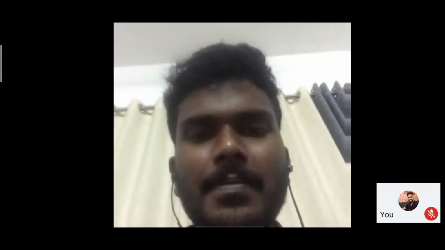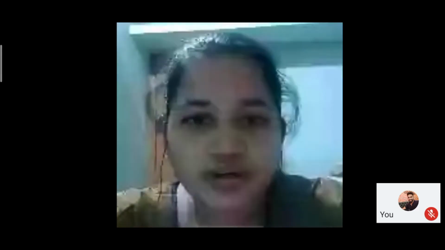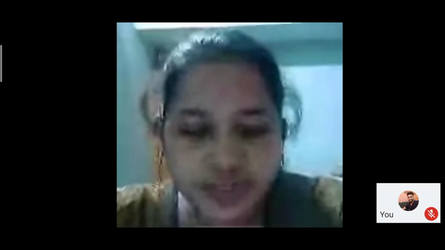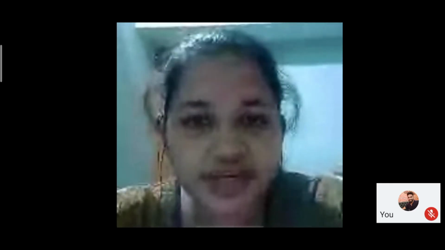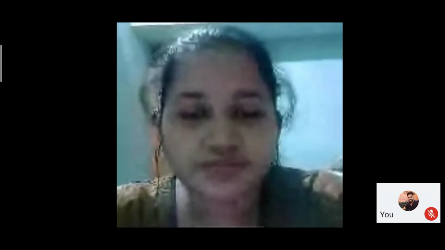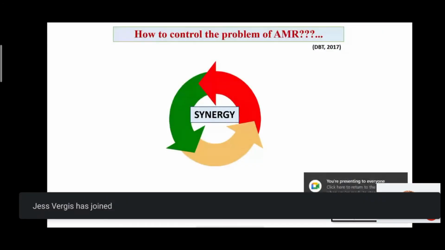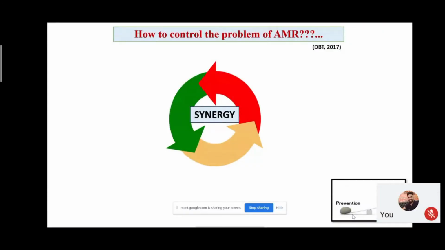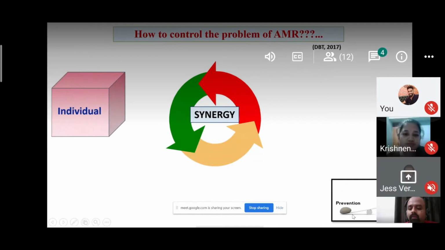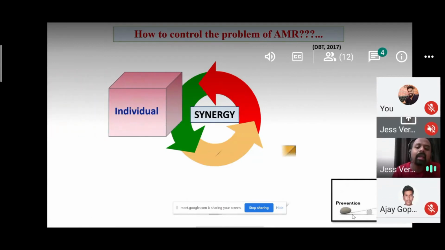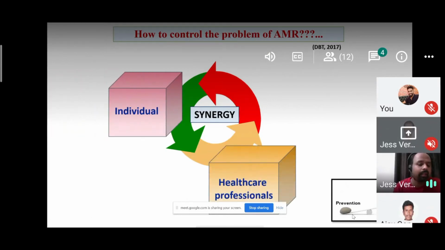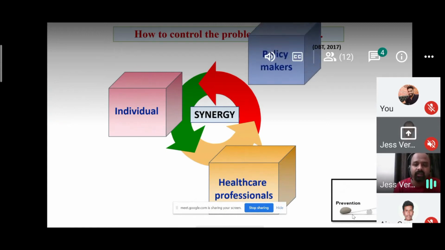Thank you, sir. Dr. Jess Vergis, what apart from these therapeutics could be utilized to counter the impact of antimicrobial resistance? Fine, Krishnendu. Again, it's a bit of an elaborate answer, so I'll sum up with a slide. For the problem of AMR, we need a synergic mechanism which includes the individual level, the national level or healthcare professional level, and the policymakers.